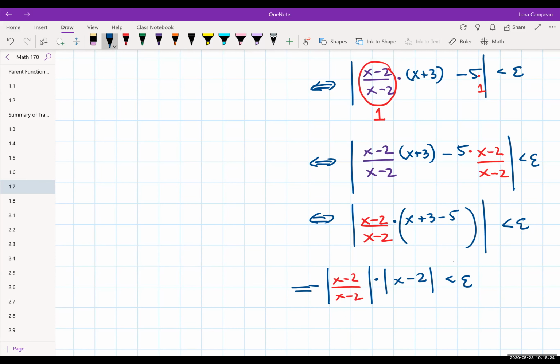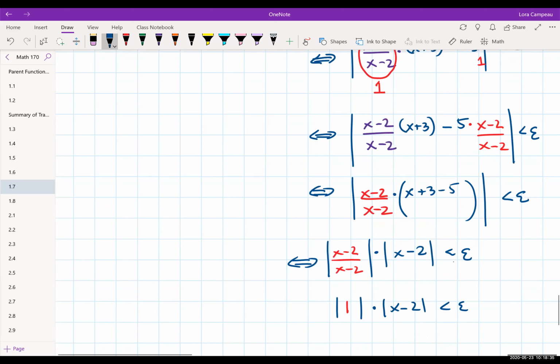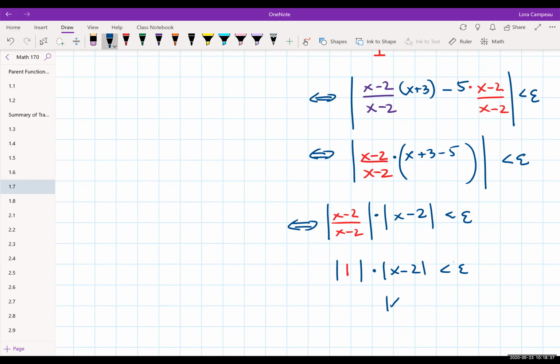So we have the same justification. This was a 1 to begin with. Still multiplied by x minus 2, still less than epsilon, which really implies that your x minus 2 is less than epsilon. Normally we were looking at solving to isolate that absolute value of x minus 2, but at this point we actually found our delta is exactly what epsilon is.